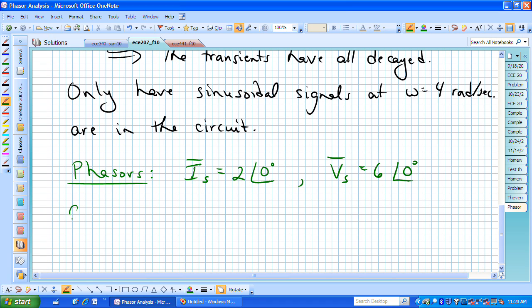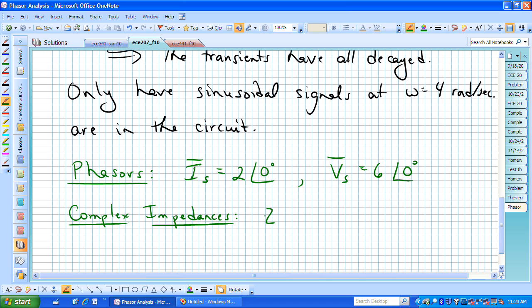Our impedances: the resistors do not depend on frequency, and for that reason we don't really worry about their impedance, but all the z sub r's are going to be 1.